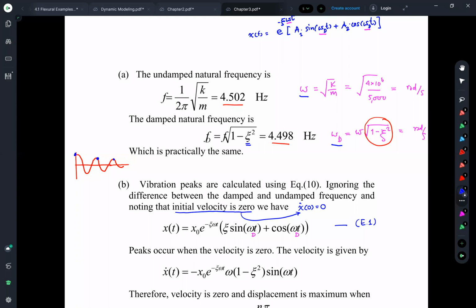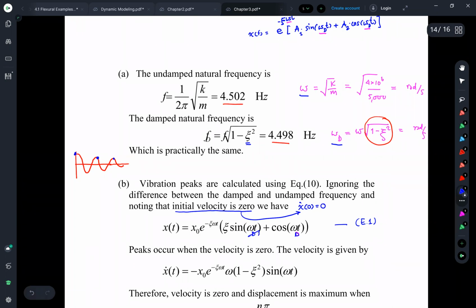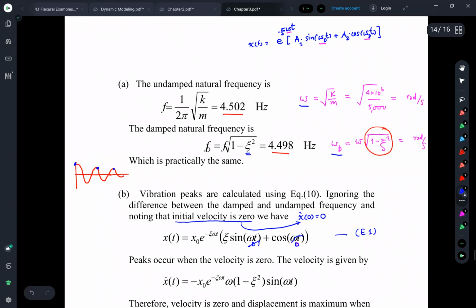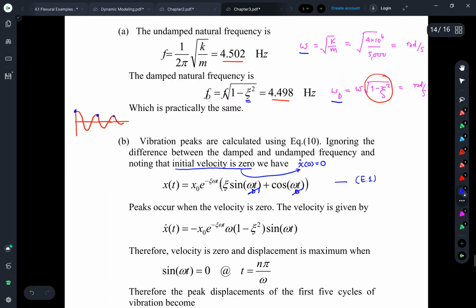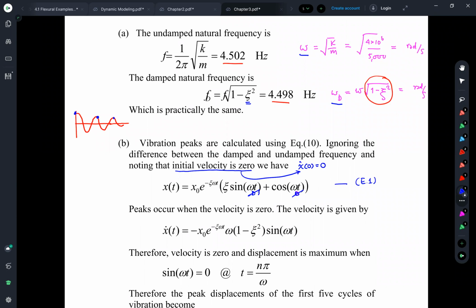Therefore, you might want to remove the d. Maybe you don't need to put omega sub d because practically there is no difference. Just omega is okay.